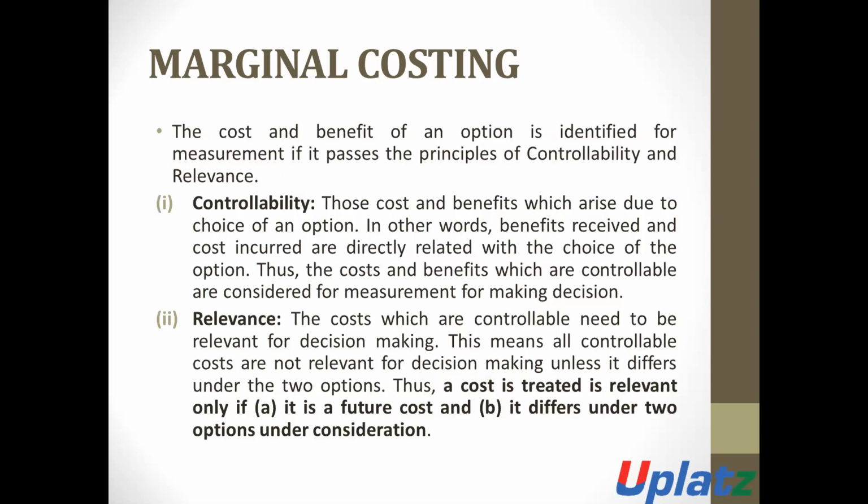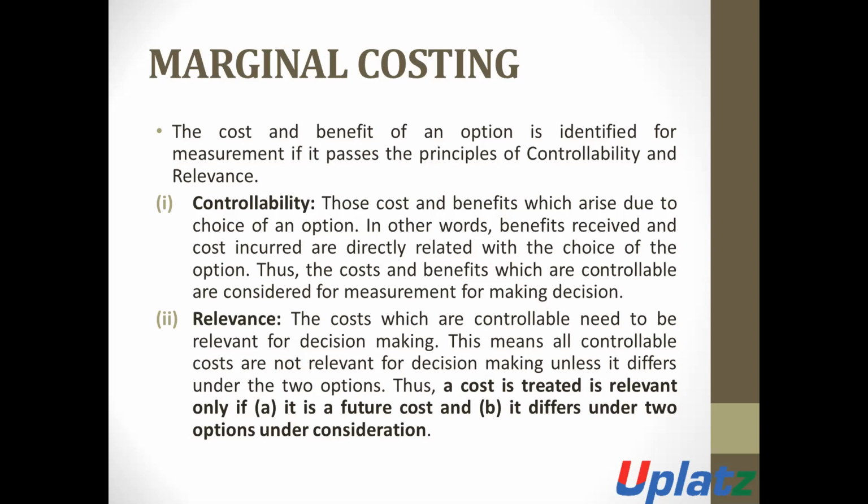The cost and the benefits of an option are identified for the measurement if they pass the principles of controllability and relevance. Controllability and relevance are the two principles.